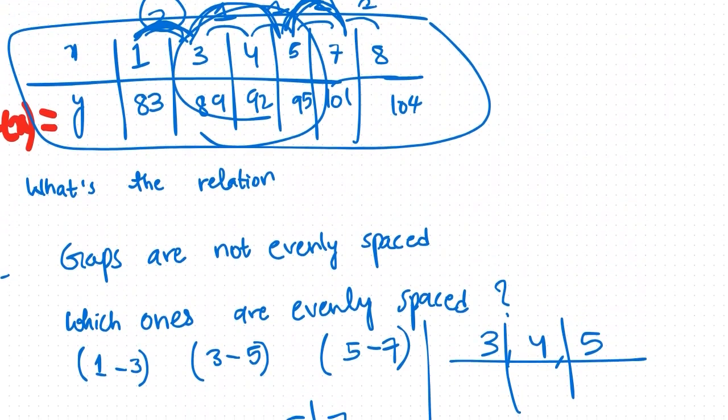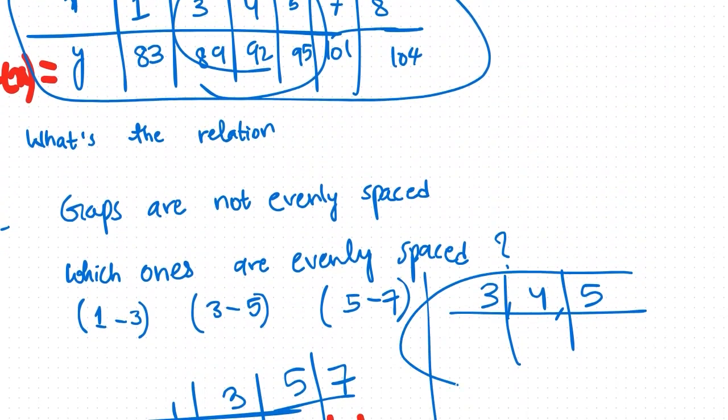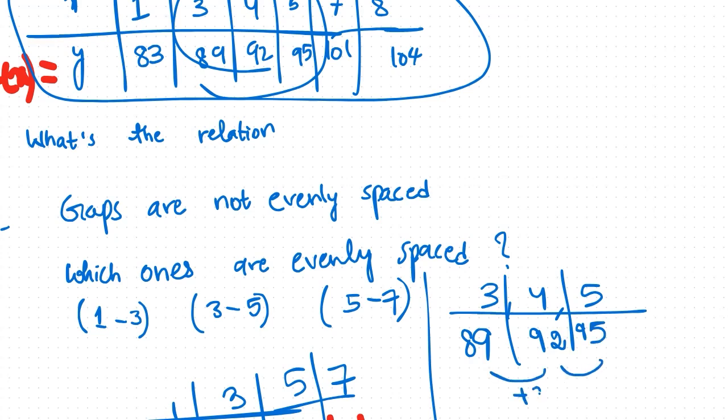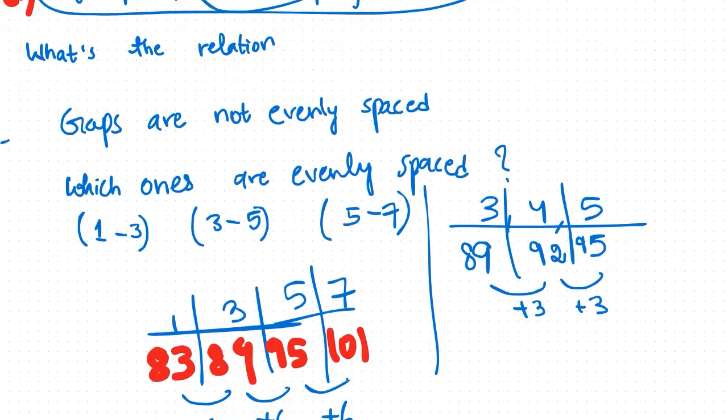If you want to check for 3, 4, and 5, it will be 89, then 4 is 92, and then 5 is 95, and the gap is 3 for all of them. So it's linear.